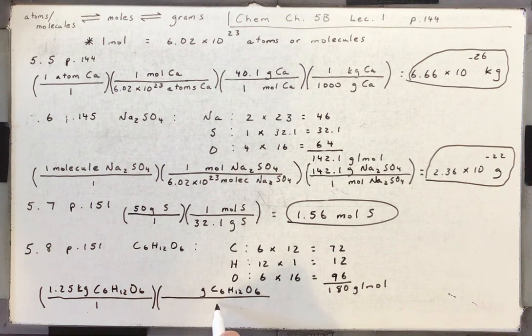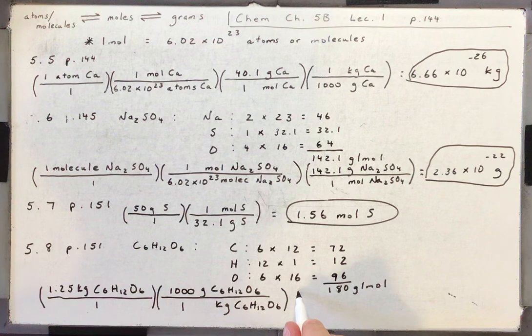I need to cancel out kilograms. Okay, the 1 goes by the bigger one, 1, and we've got 1,000 grams in a kilogram.